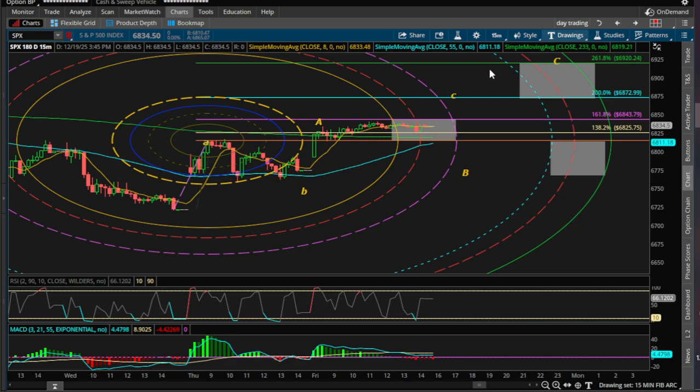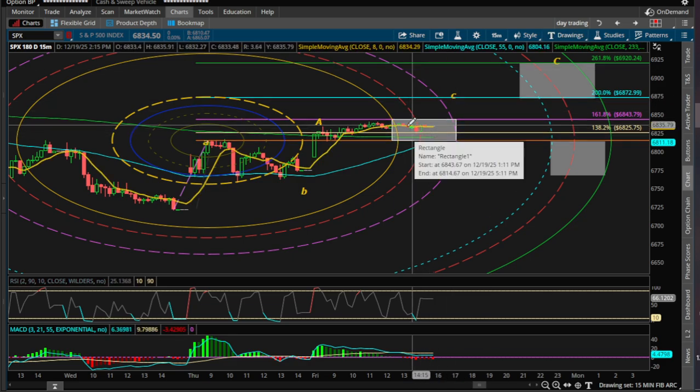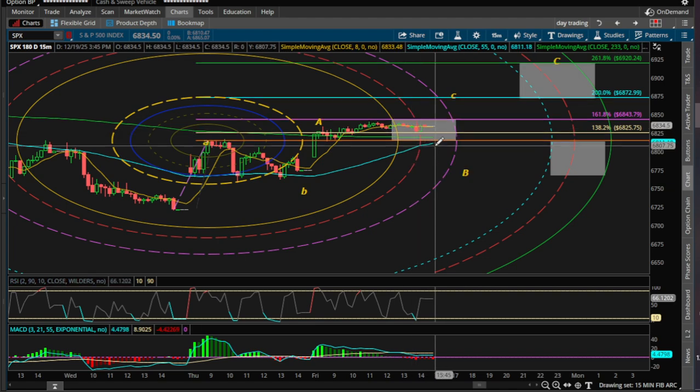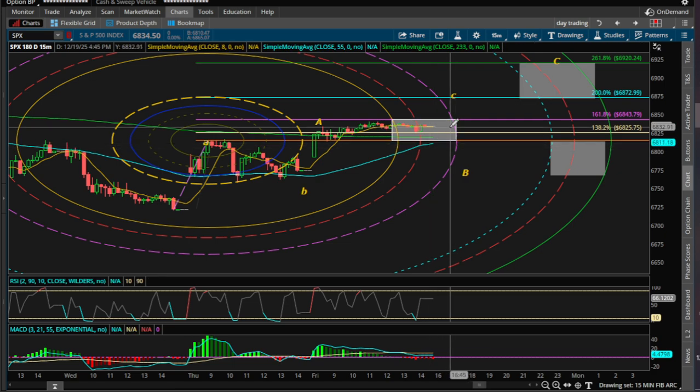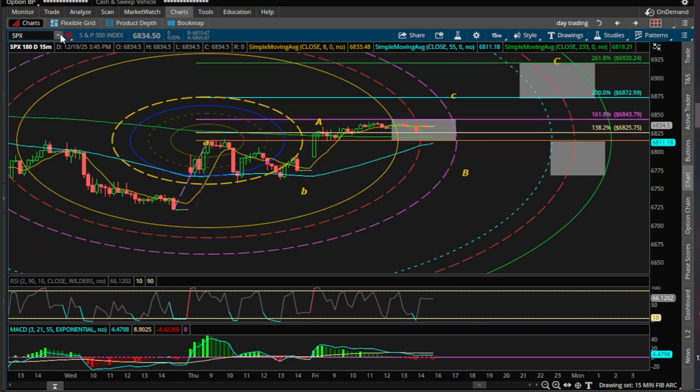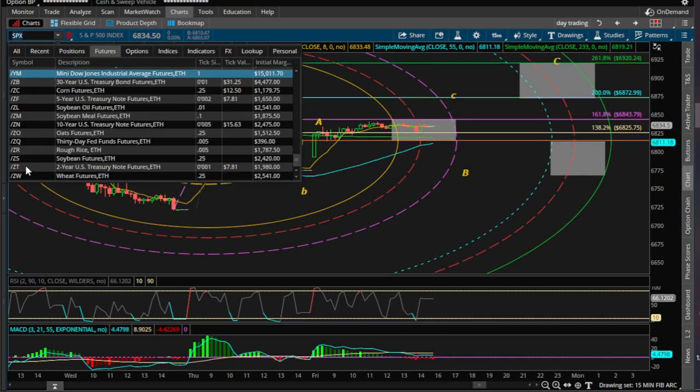All right, so we won't know that until we see how these, mind you, I said 30-minute time frame. This is actually a 15-minute time frame. Each candlestick's 15 minutes. So this is where we'll go to the micro E-minis here real quick.